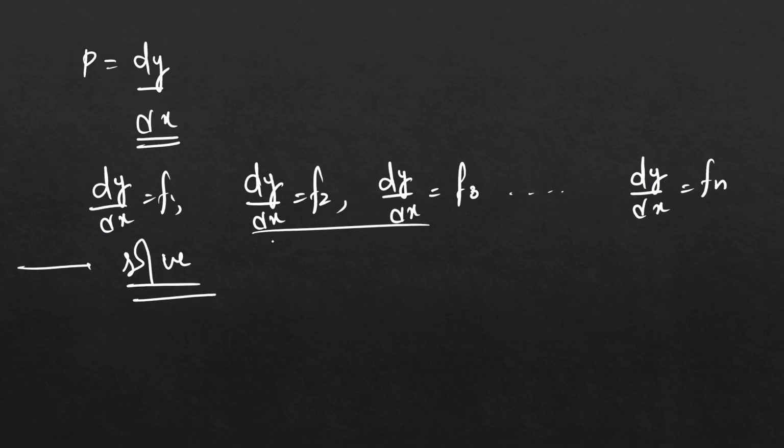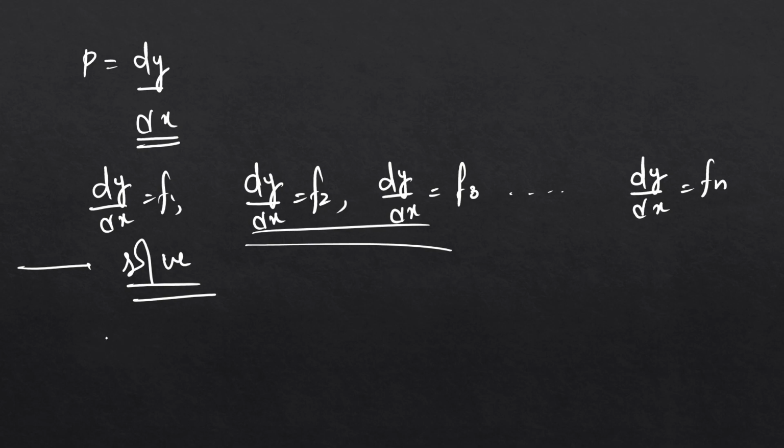Now we can solve these equations either by the variable separable method, or by any linear differential equation type solution. So whatever we have done to solve linear equations of first degree, first order, we will use that method here to solve the questions.